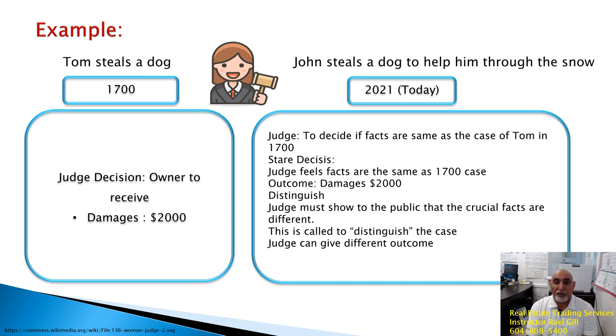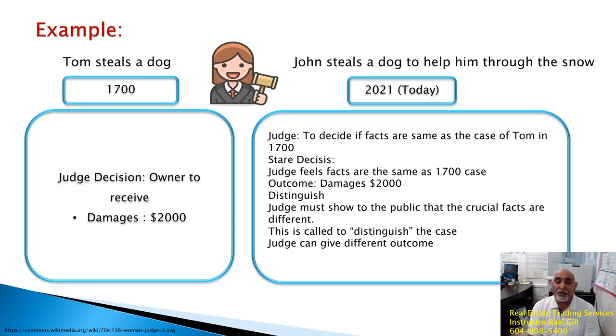$2,000. Okay, let's say a similar case is in front of a judge in the year 2021, and if he feels that it's exactly the same, all the facts are the same, then the judge will award damages of $2,000. But if the judge feels that the crucial facts are different, then the judge will distinguish the case and the judge can give a different outcome.